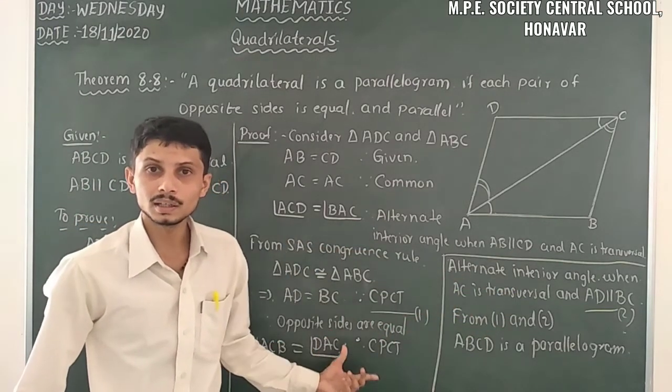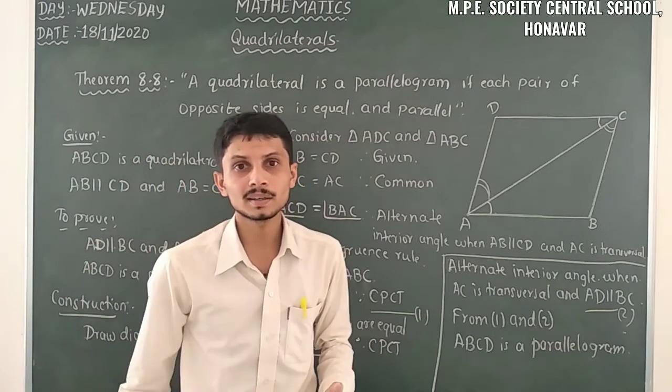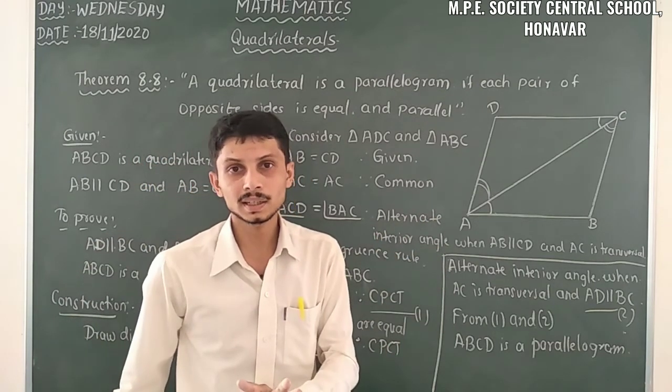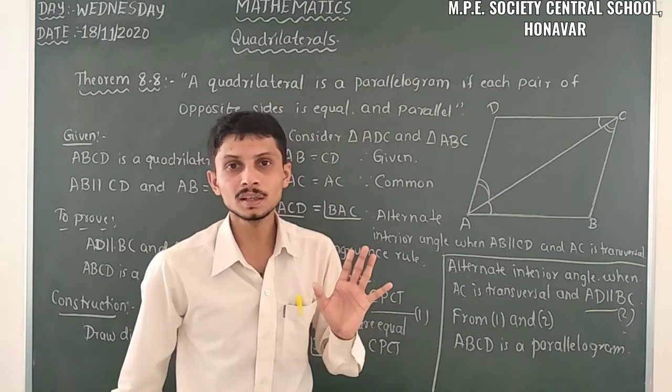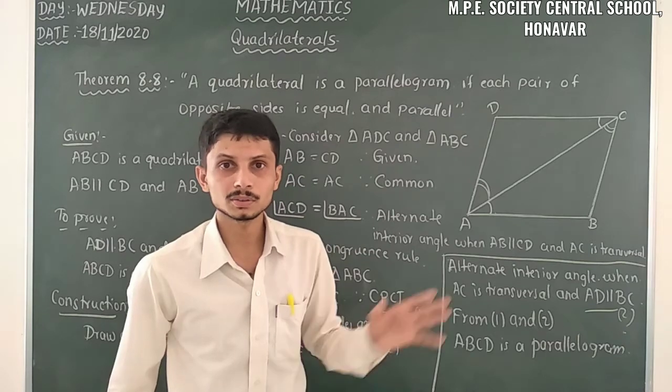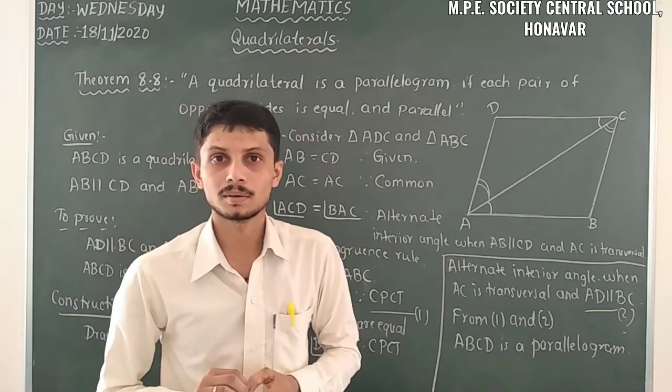So in a quadrilateral, if the opposite sides are equal and parallel, it must be a parallelogram. That's why ABCD is a parallelogram.